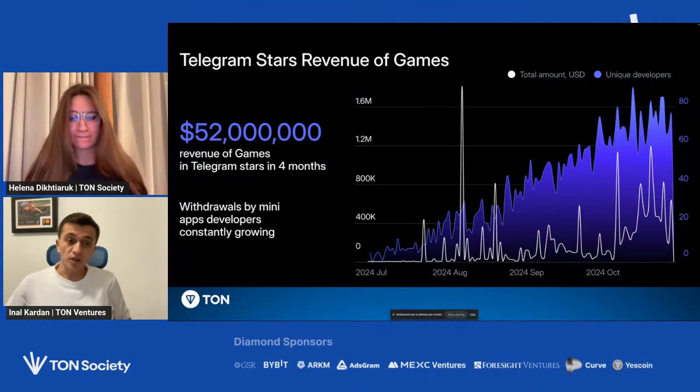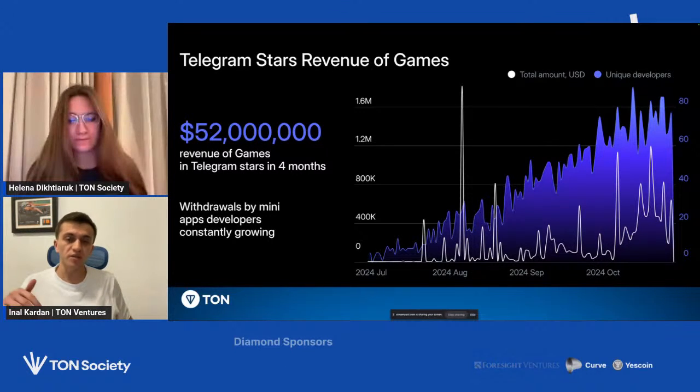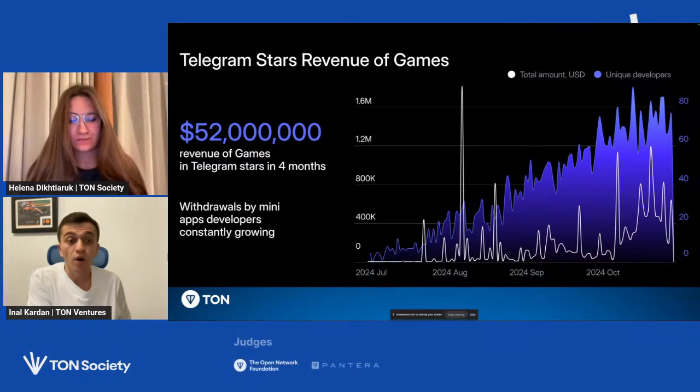Again, Telegram Stars are very important in my opinion, because they constantly grow. Just look at this graph. The revenue and the number of unique developers withdrawing and earning something with Telegram Stars keeps growing. We expect that this is going to be about $200 million in the next year. Again, this is our prediction at TON Ventures.